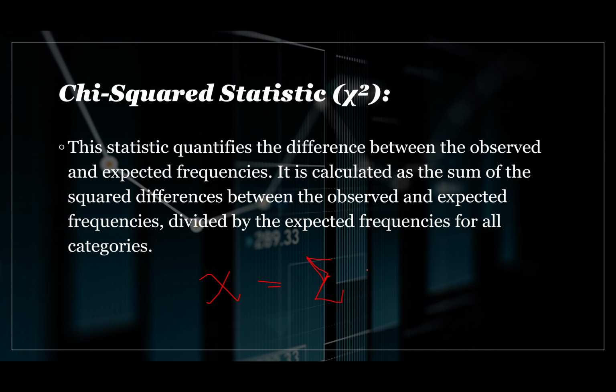Then we're going to have E naught, so E original, minus what is expected, divided by the expected frequencies. And that should give you your value. Okay, that should be fine.